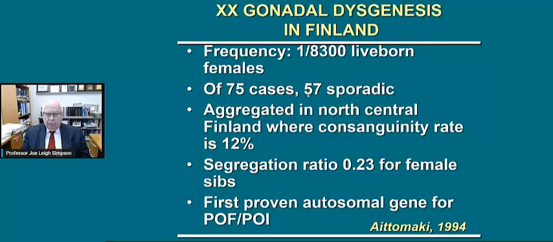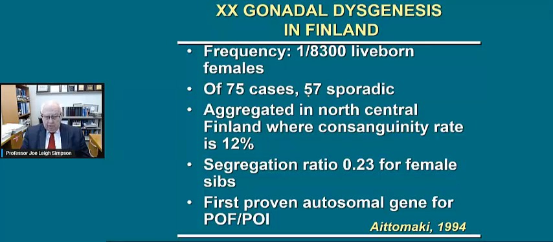We knew this because of the statistics on the slide. There were many aggregates, particularly in a specific region of Finland. The consanguinity rate was very high, and the ratio of affected females in a family was about the expected Mendelian ratio of 25%. So this actually set the stage for Dr.